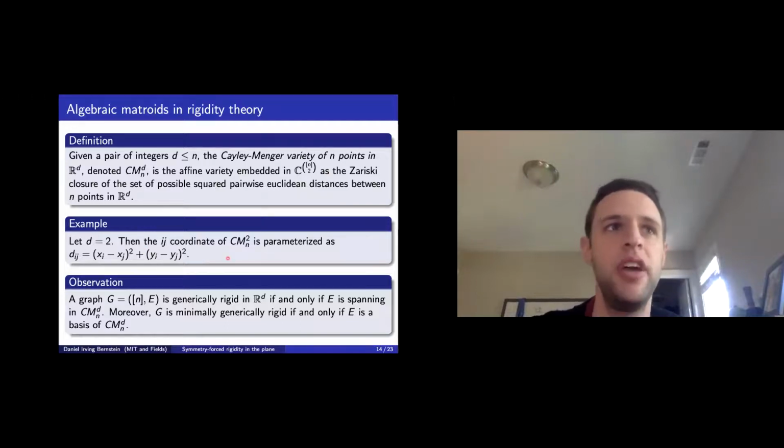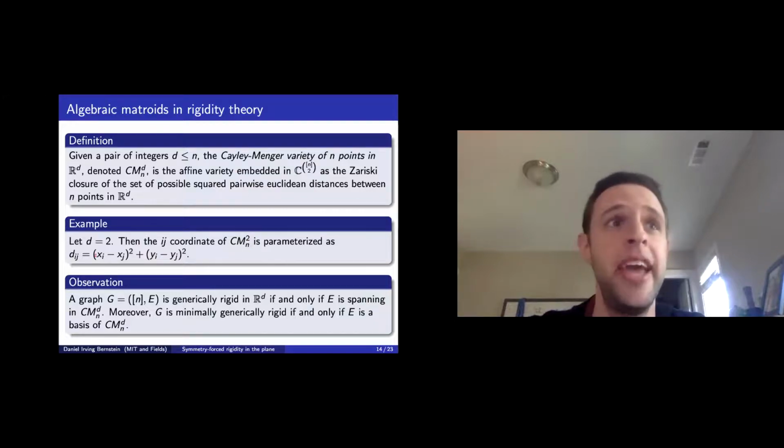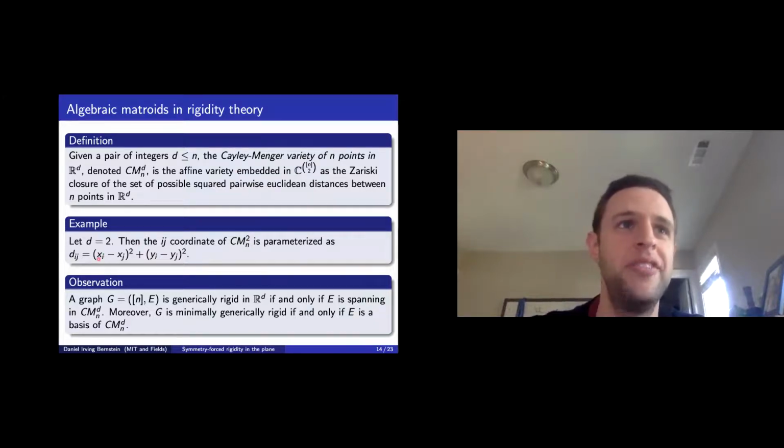Here's an example. If d is 2, the ijth coordinate of the Cayley-Menger variety of n points in 2 dimensions is going to be the distance between 2 points in the plane.